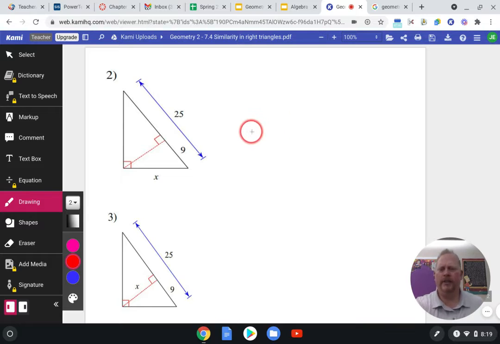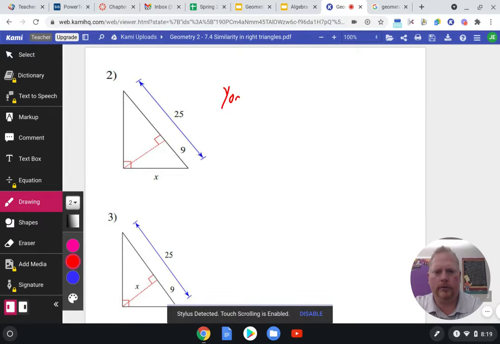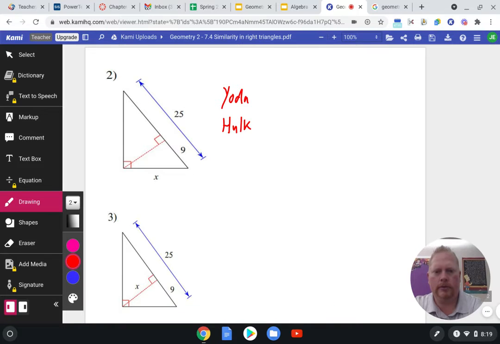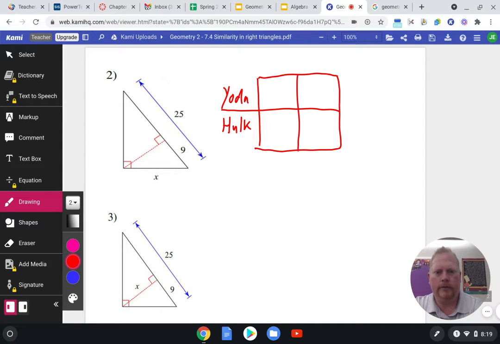All right, so if we take a look at this first example here, x is in both this baby Yoda triangle. It's also in the Hulk triangle. So I'm going to go ahead and set up my chart. So x is the hypotenuse in the Yoda triangle.